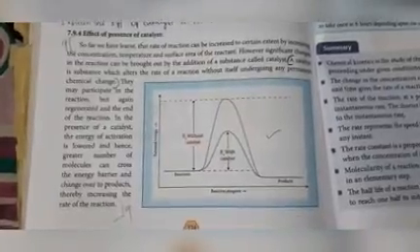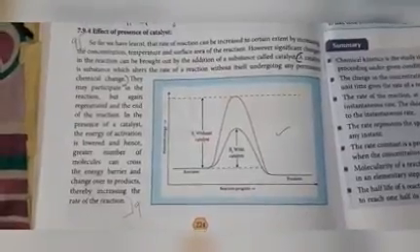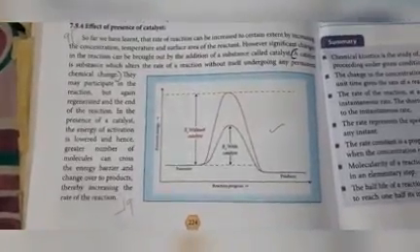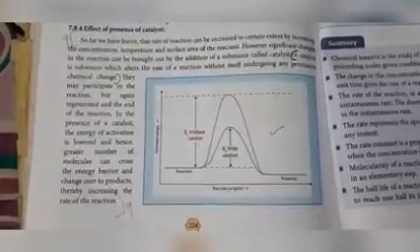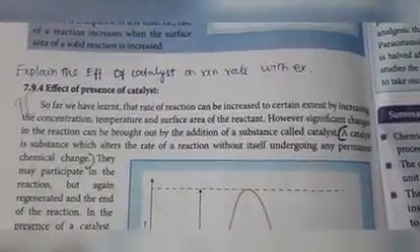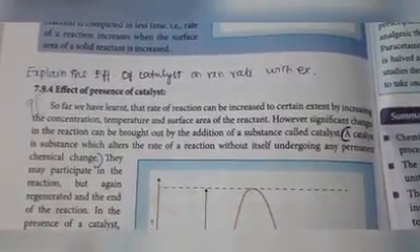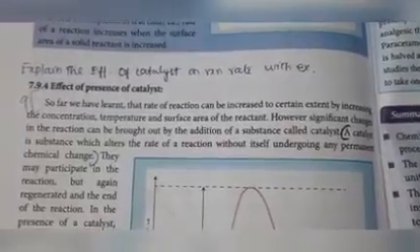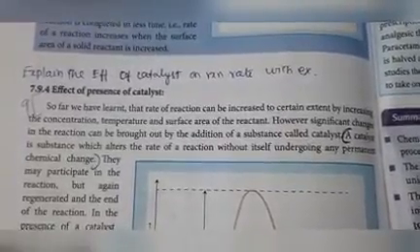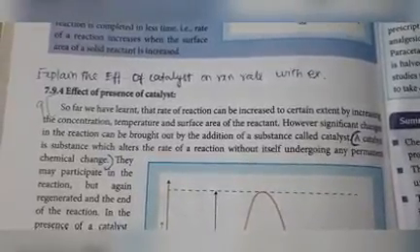Next factor is the effect of the presence of a catalyst. So far we have learned that the rate of the reaction can be increased to a certain extent by increasing the concentration, the temperature, and the surface area of the reactant.